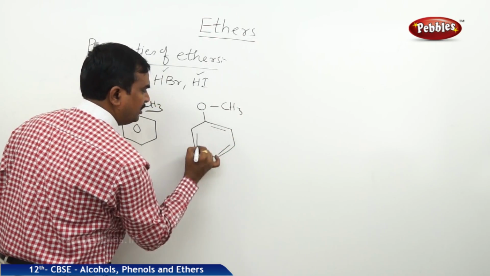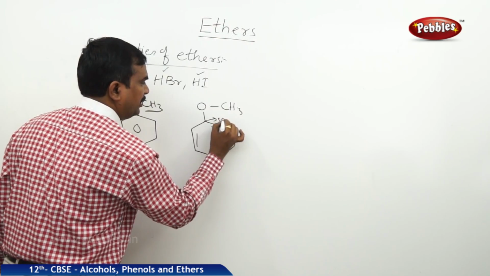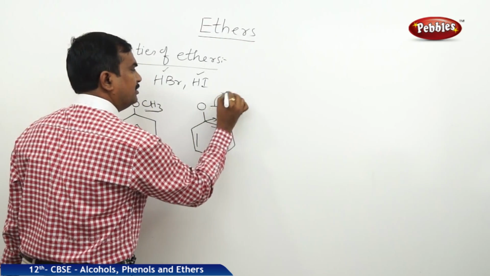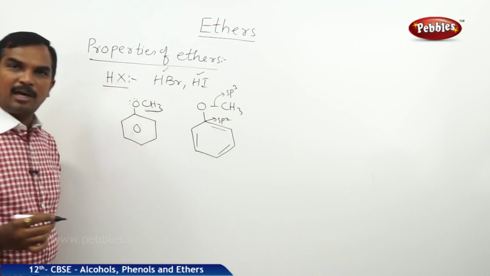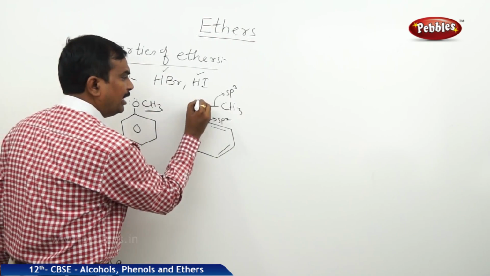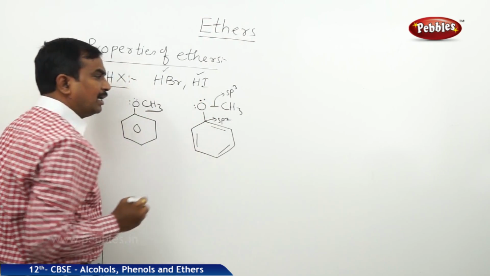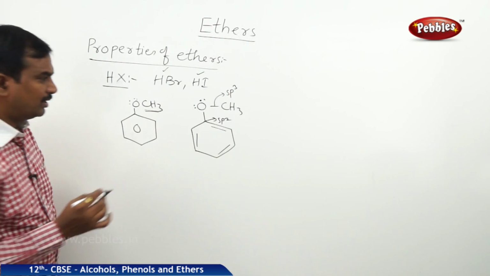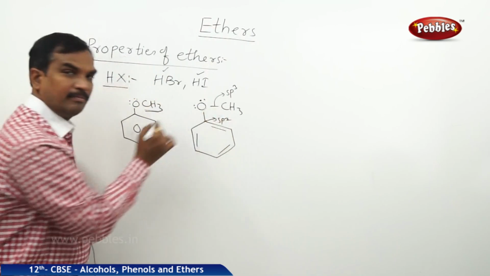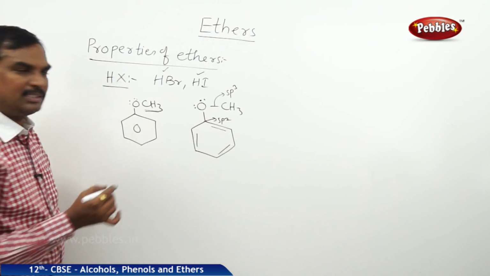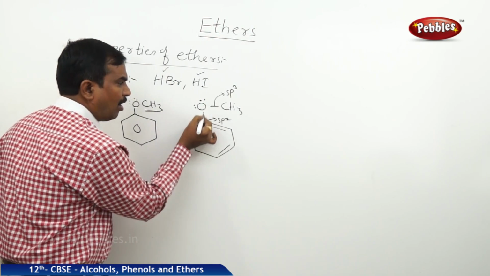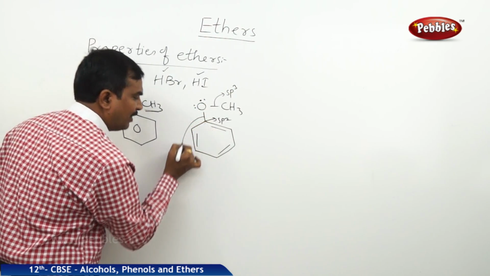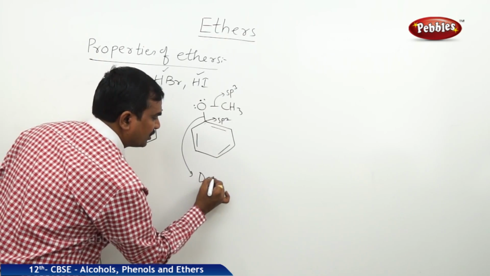and as we are aware that this carbon is sp2 carbon, this carbon is sp3 carbon. Now the electron pair which is present here is delocalized with this benzene ring. So because of this reason, this carbon oxygen bond, if you come across, it will have double bond character.